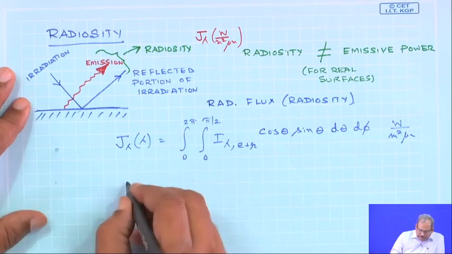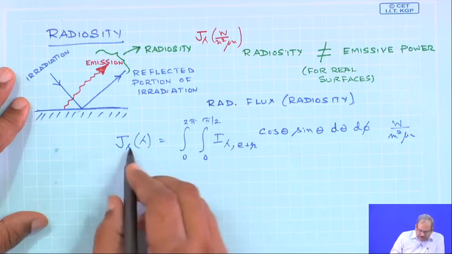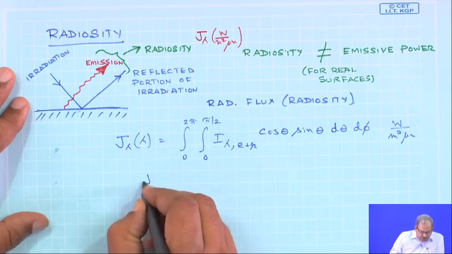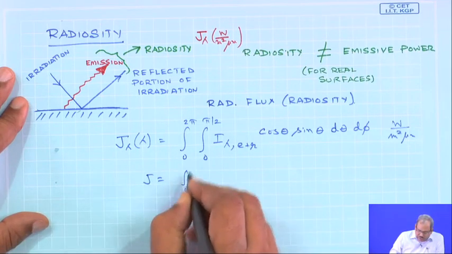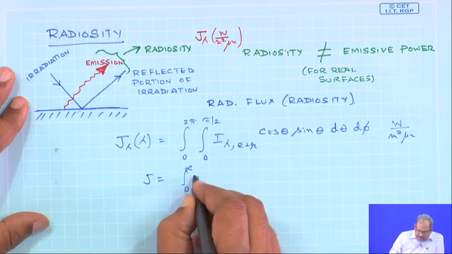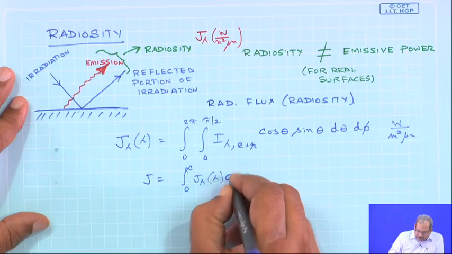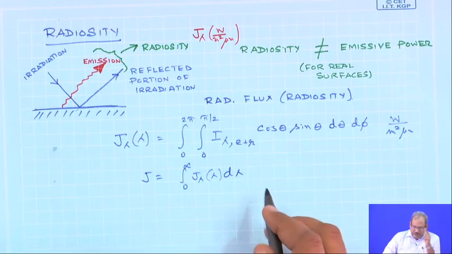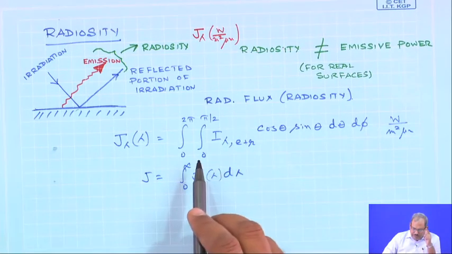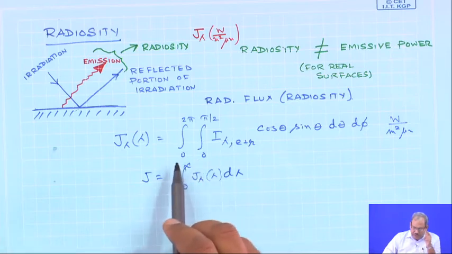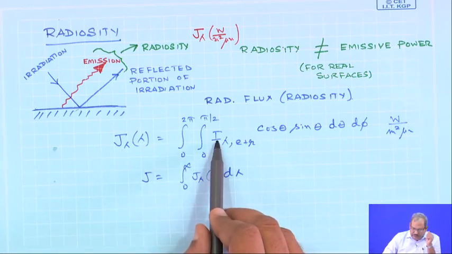Once I have this J lambda, the total radiosity is going to be the integral from 0 to infinity of J lambda, which is a function of lambda, times d lambda. Once again I'll explain what I have written over here. I refers to the intensity of radiation.